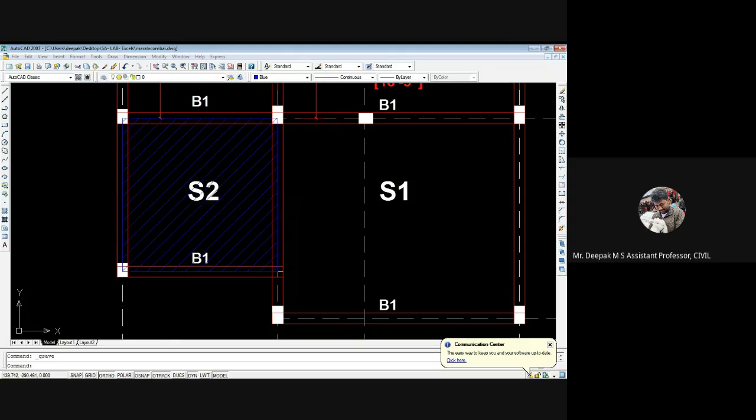I'm considering the same here. So it is 120 mm.